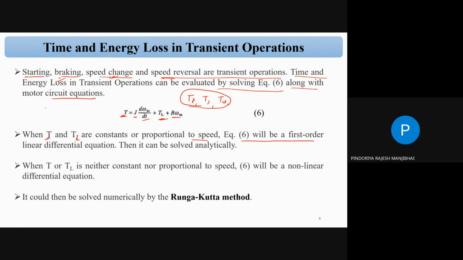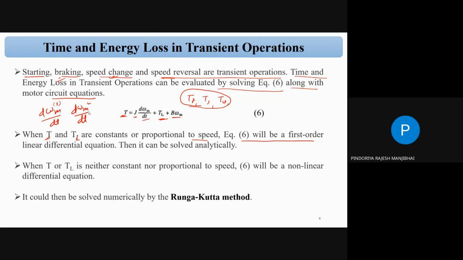Because here the term is d omega m by dt. So we can say the power is one, only a single power. Then we can say it is a first order equation. Suppose the equation is d omega m by dt squared, then we can say it is a second order equation. Okay, done. So depending on the power of omega m, we can say it is a first order, second order, third order, fourth order equation.